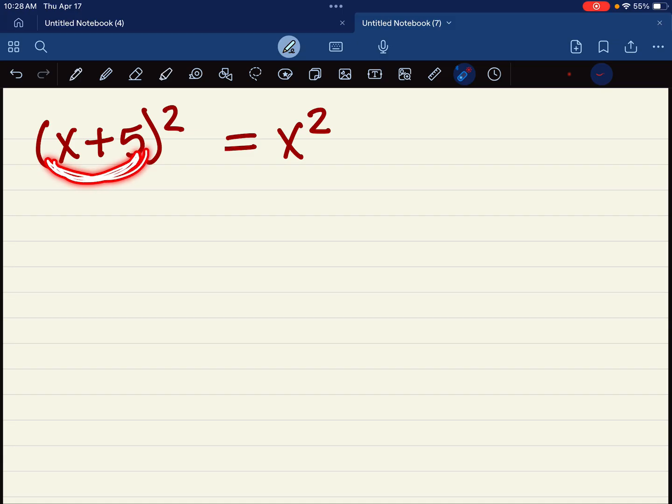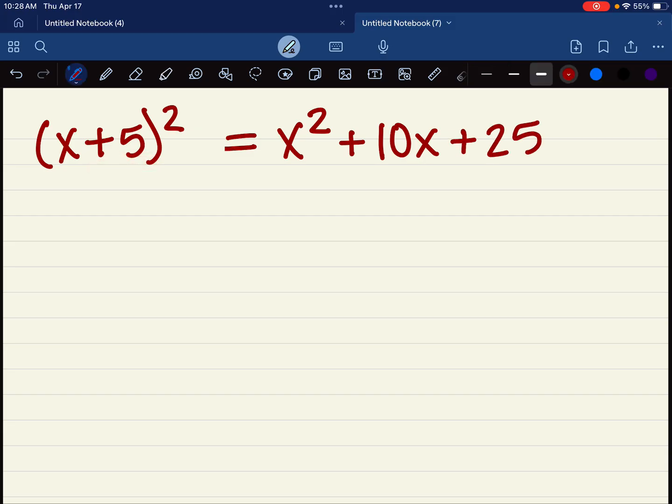What's x times 5 give you? 5x, and then double that to get 10x. My last step is to square the last term. What's 5 squared? 25. 5 times 5, 25.